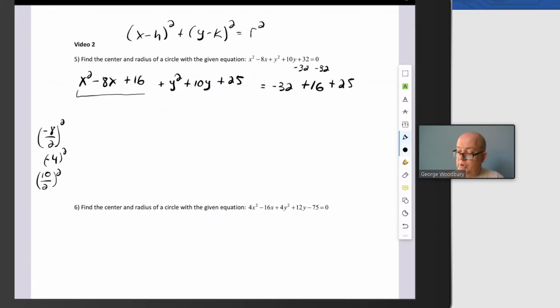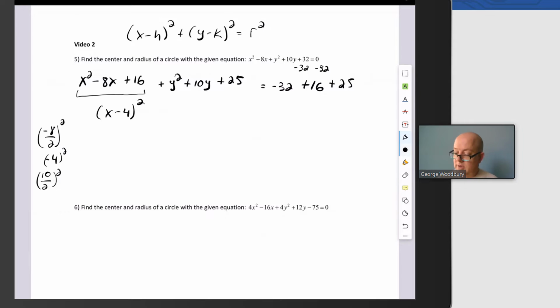The first three terms are a perfect square trinomial. By adding half of that coefficient squared, we've made it into a perfect square trinomial. Think about how you would factor x squared minus 8x plus 16. It's x minus 4 times x minus 4, or x minus 4 squared.